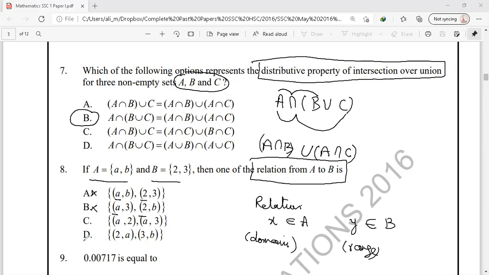Let's check option D. In option D, we have the domain as 2, 3, and 2, 3 do not belong to our set A. So the correct answer is option C, in which the domain is equal to a and the range is equal to 2 and 3. So a belongs to set A and 2, 3 belongs to set B. This is the correct relation from set A to set B.